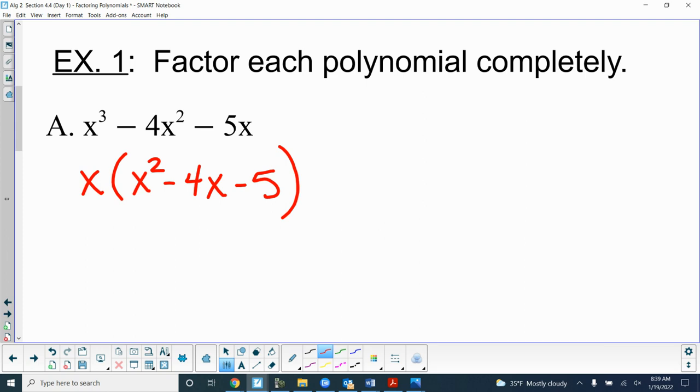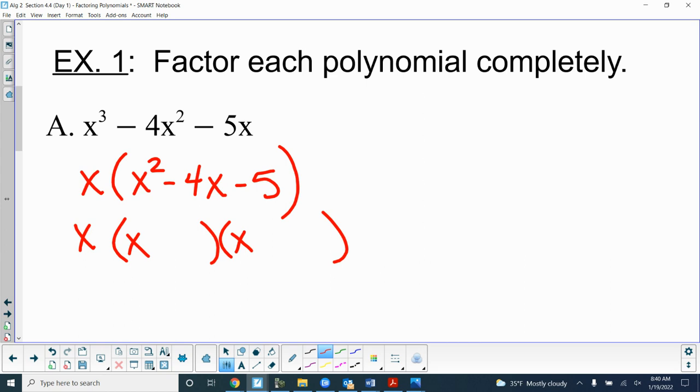That's one of those regular trinomials. Since A is 1, B is negative 4, and C is negative 5, it's easy. The only way to get x squared when it's 1x squared is x times x. So all I'm worried about are factors of negative 5 that add up to give me negative 4.